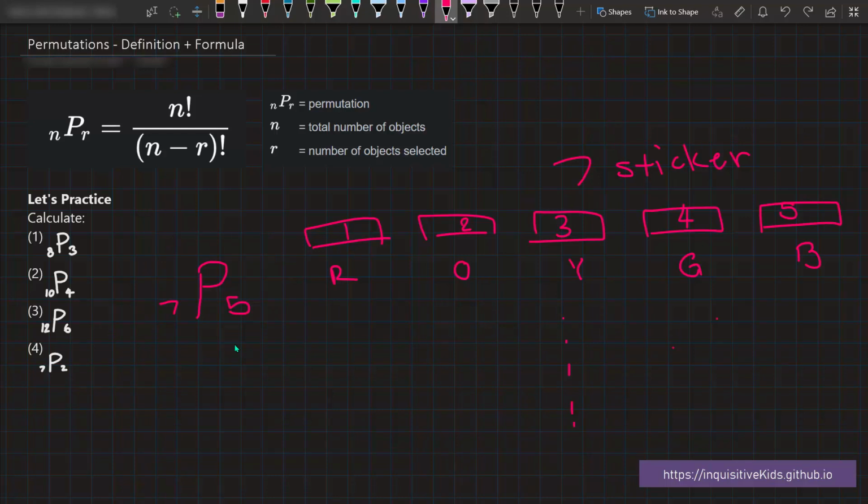But one thing you have to make sure to figure out is the difference between a permutation and a combination. Combination is what we will be learning after permutation. There is a difference. In permutations, the order of how you select things matters.